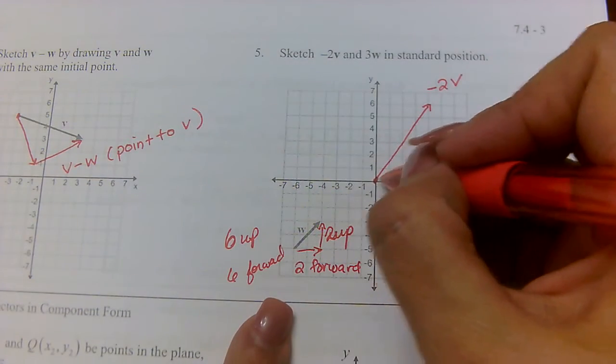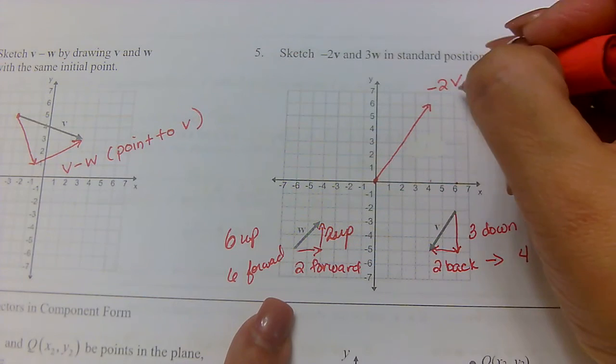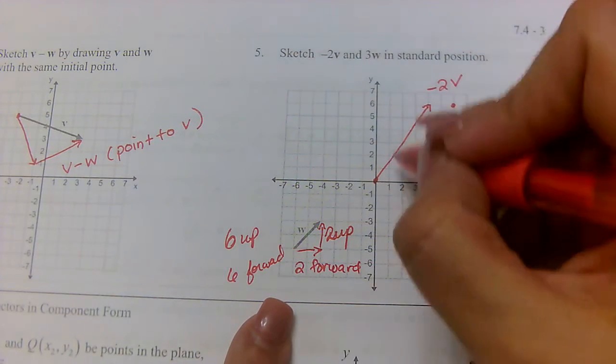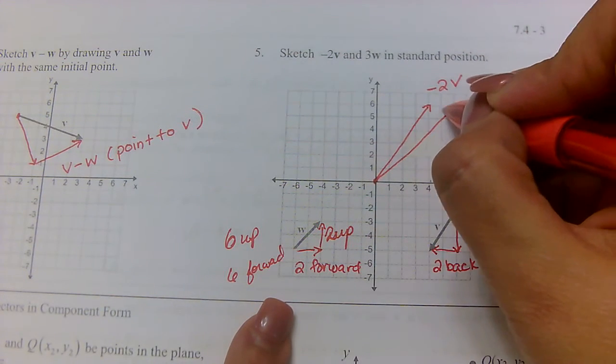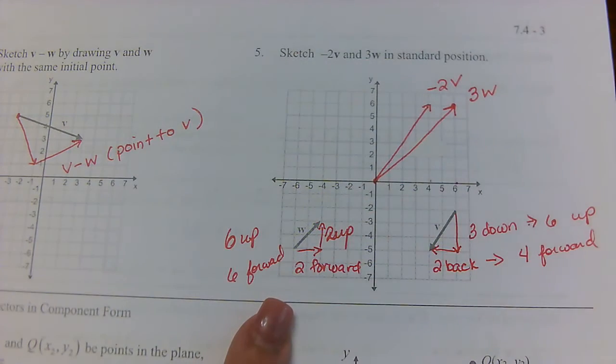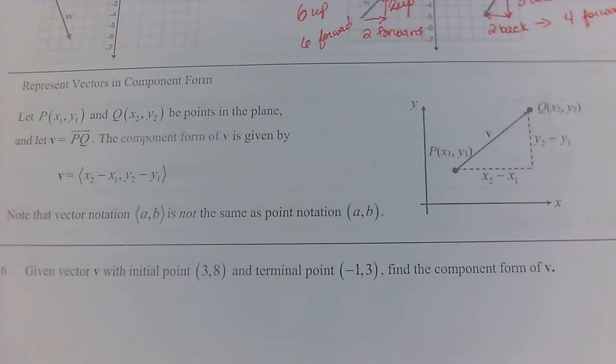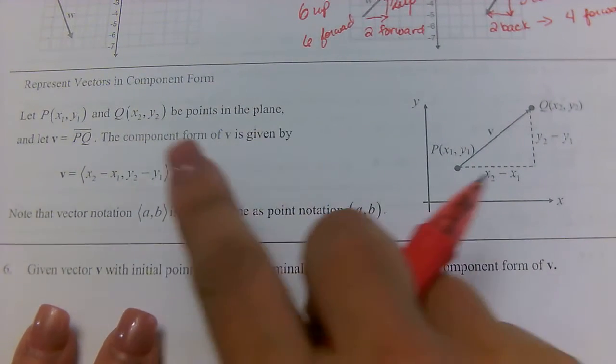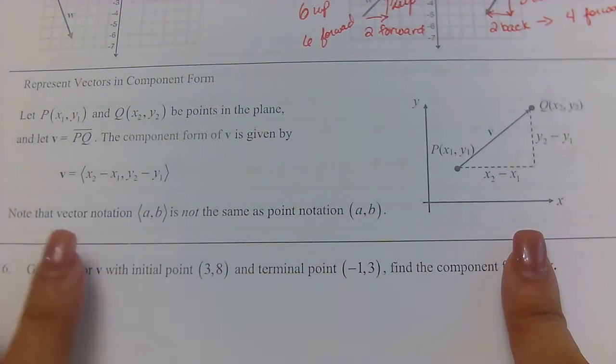Okay, so let's do that. 6 forward, 6 up, right here, and this is going to be my 3W in standard position.